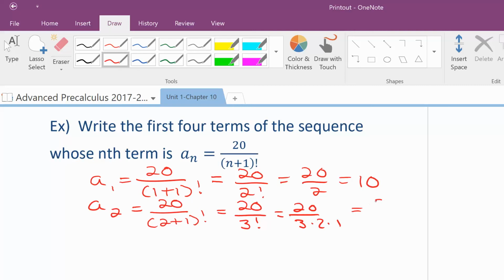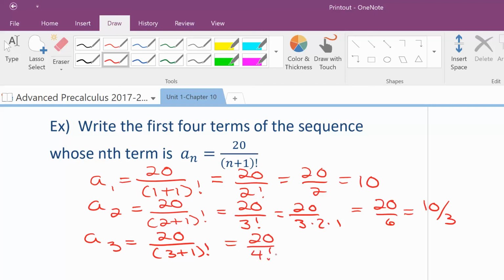So you get 20 over 6, which is 10/3. And then the third term, well, 4 factorial is 4 times 3 times 2 times 1, which is 24.